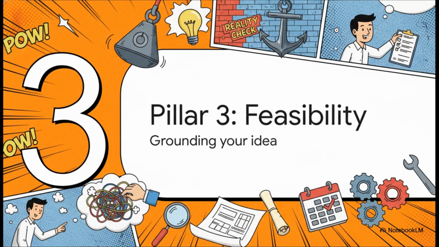The third pillar, which is the most important pillar and unfortunately the most skipped one, is feasibility. I like to think about this as the 2 year rule. So your PhD might technically be for 3, 4, 5, even longer years.